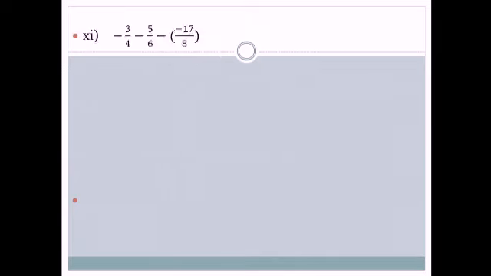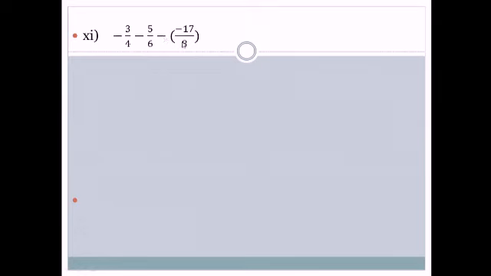Now come to the 11th part. The 11th part is minus 3 over 4 minus 5 over 6 minus and then bracket start minus 17 over 8. So these two fractions you copy as it is, and this minus sign will multiply with the inside minus sign because minus and bracket have no sign between them.